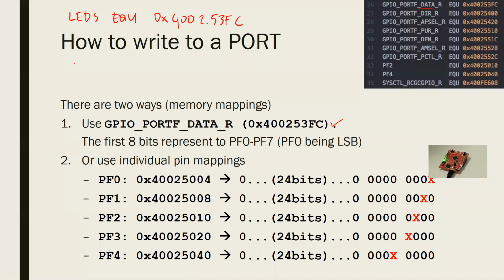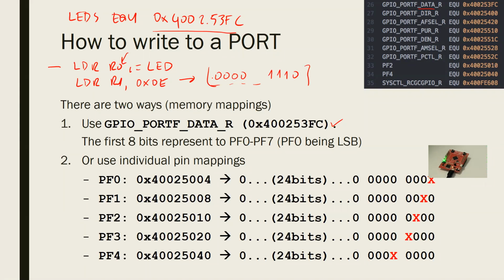So what I say is, for example, LDR R0 equal to LEDs, which means at this line of code, this value will be written into R0. And for example, LDR R1, let's say 0E. 0E in binary is many zeros and then 1, 1, 1, 0, because R1 is a 32-bit register.